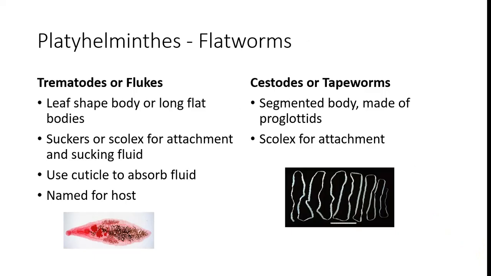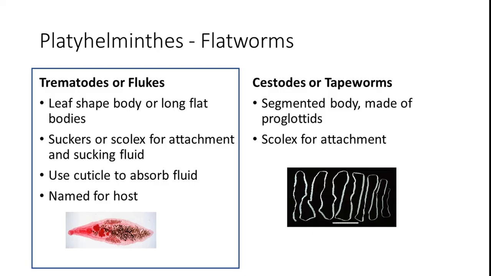I tell everybody that when I was learning it, I saw the word "plate" in Platyhelminthes, and I think of plates as being flat. So the Platyhelminthes are your flatworms, and there's two different kinds of flatworms. You have your trematodes or flukes, and you have your cestodes or tapeworms.